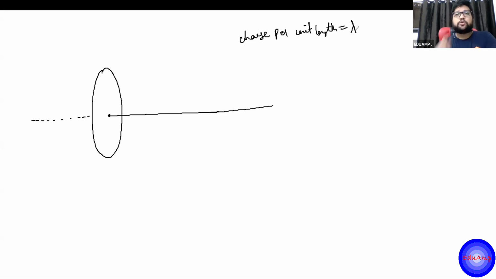That means a unit length of that ring has lambda charge. So the total ring will have 2 pi r into lambda charge, right? The radius of the ring is, let's say, capital R. Now let's find the electric field at a point at a distance x from the center of the ring.